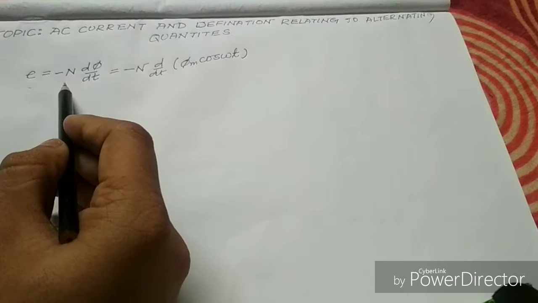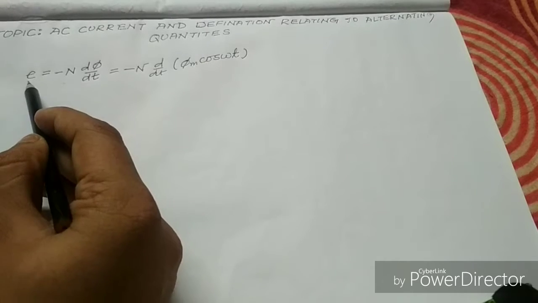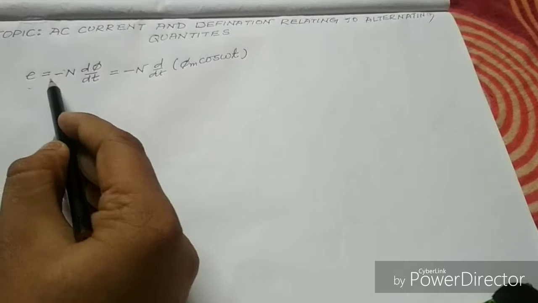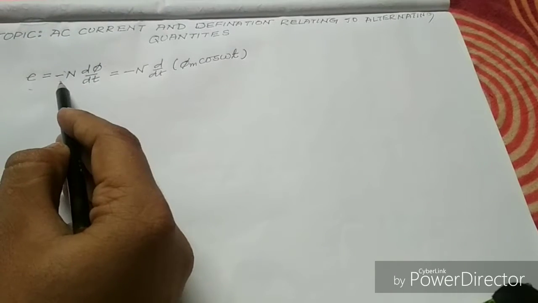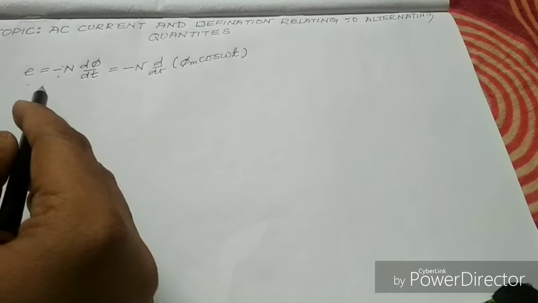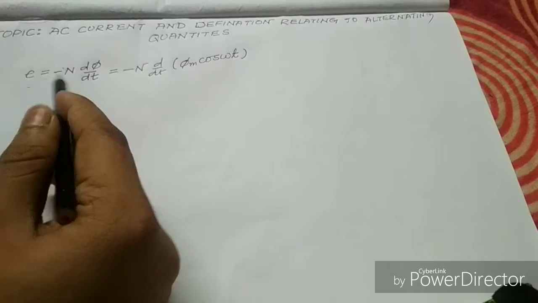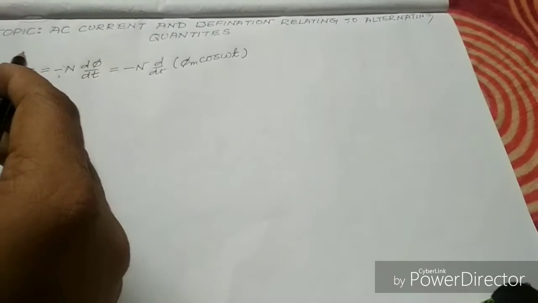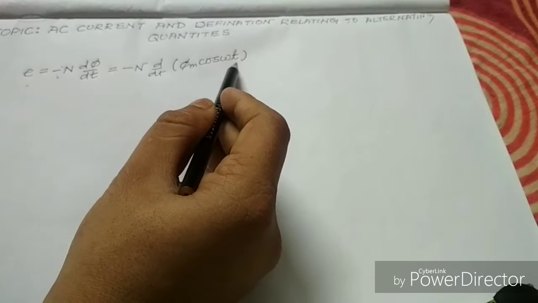With this equation from Faraday's law, E equals minus n dphi by dt, and from Lenz's law we know the significance of the minus sign: the magnetic field opposes the motion. Phi is the linkage flux that changes with respect to t.